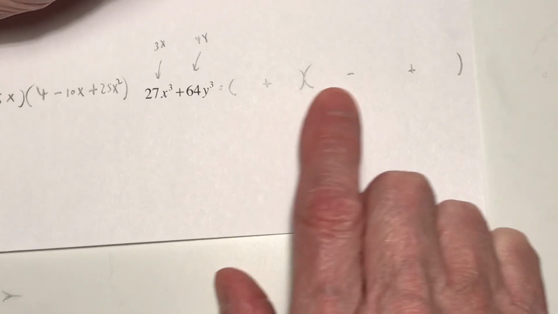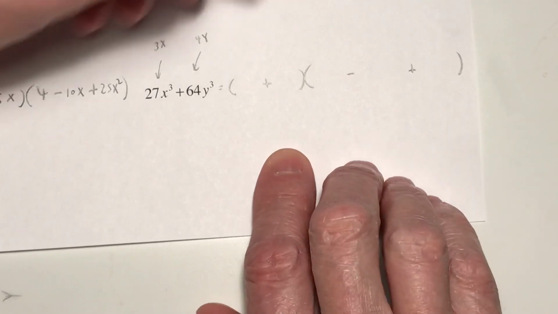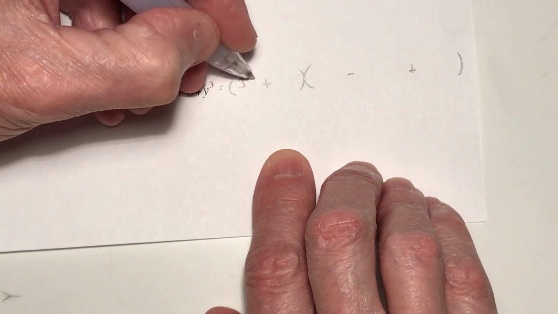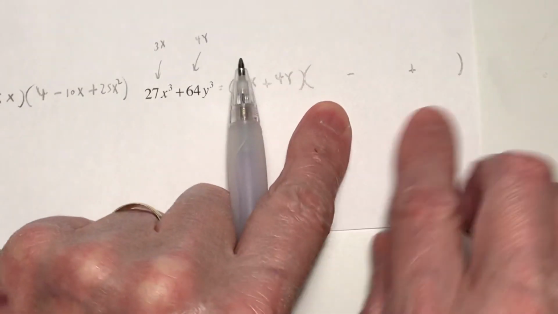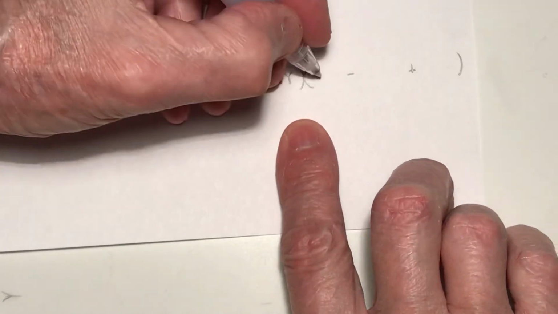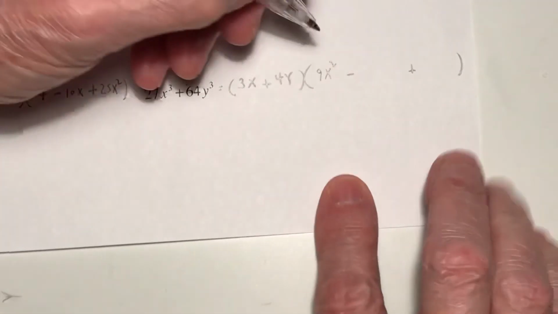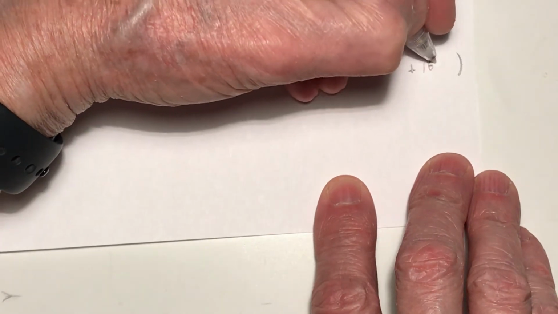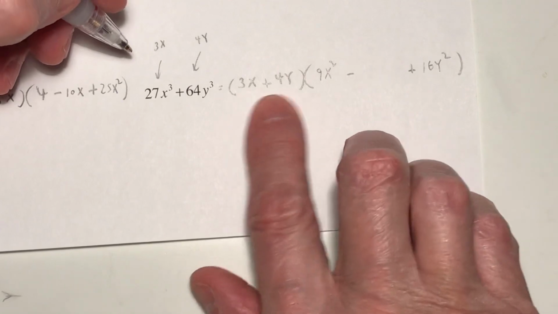S-O-A-P, same, opposite, always positive. And here we get the 3x and the 4y. And here we get the squares of those things in that order. 3x squared is 9x squared. 4y times 4y would be 16y to the second power. And multiply them together, you get a 12xy.